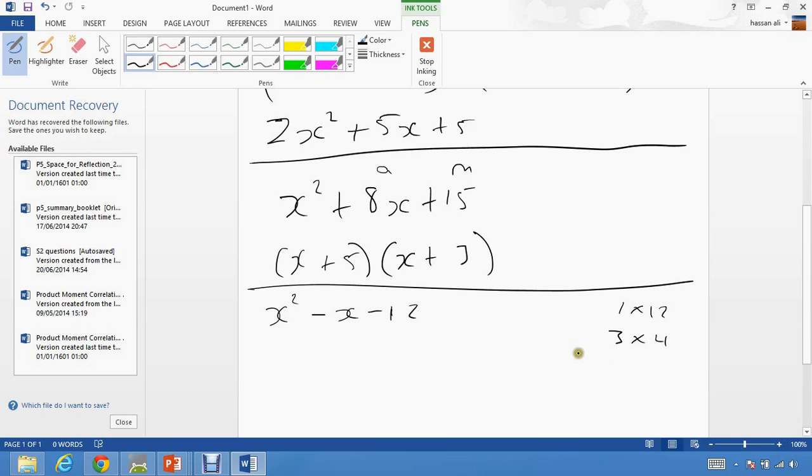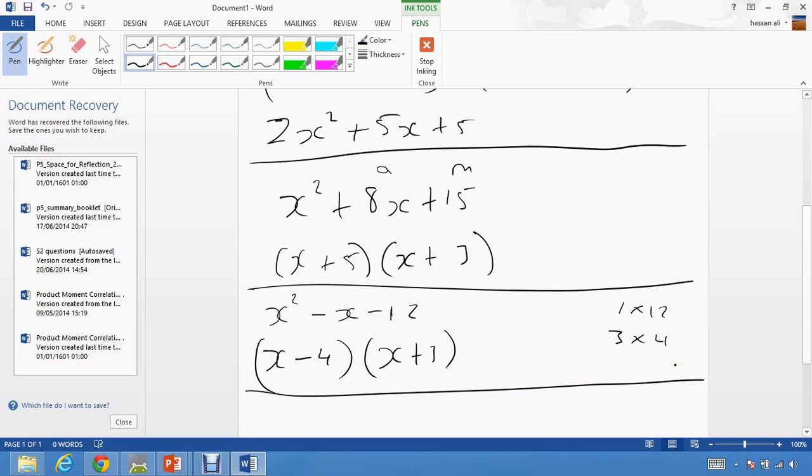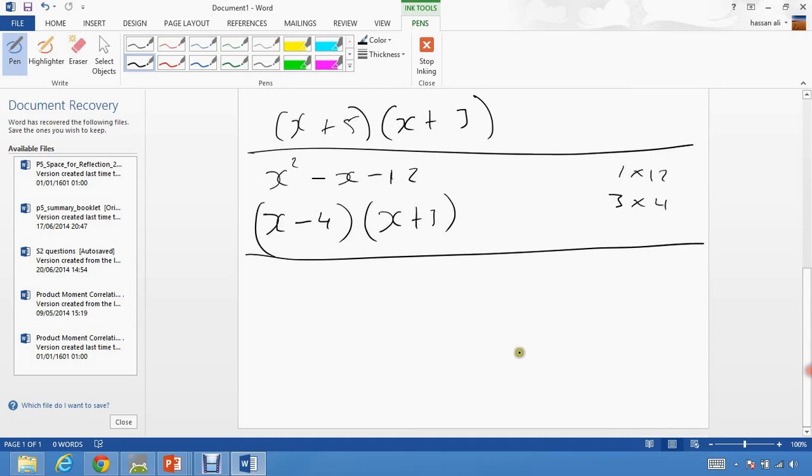So what we do, you can do minus 4 plus 3. So you do x minus 4 and x plus 3. Okay, and that will give you minus 1, and minus 4 times 3 will give you minus 12. See, all of which should be familiar with from GCSEs.